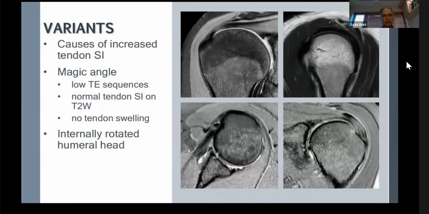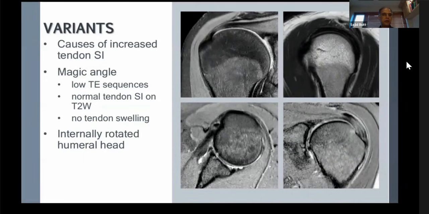We know that tendons, when they're attached to the bone, normally show a low signal intensity on most MR sequences. It is when this low signal intensity is lost that we make the diagnosis of tendinopathy or of a tendon tear.